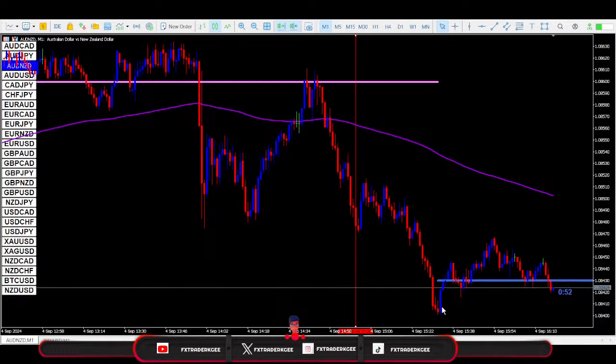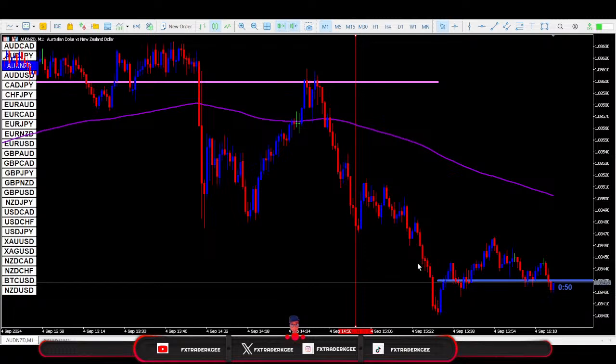So this is this. The point is that anywhere from here there is possibility that price might move, like I said, from anywhere.